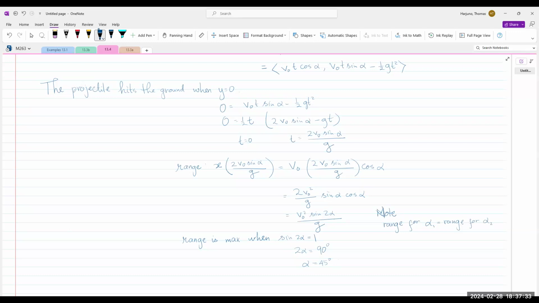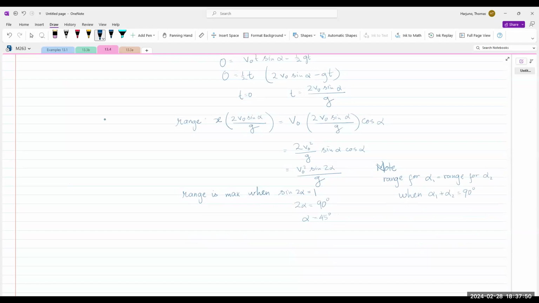There are two angles that give you the same range when alpha 1 plus alpha 2 equals 90 degrees. In other words, if they are complementary angles. Why? Because of the following: sine 2 alpha 1 equals sine of 2 times (90 degrees minus alpha 2). Think about that.